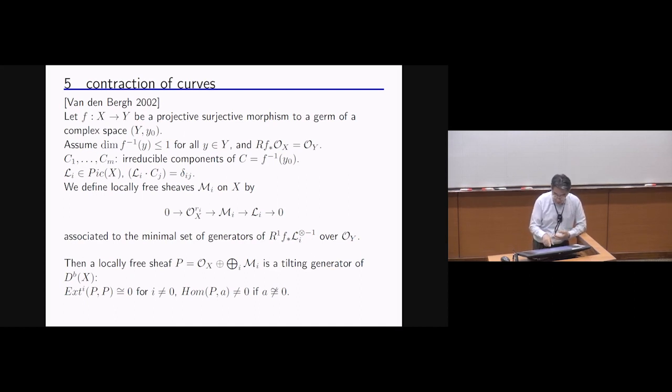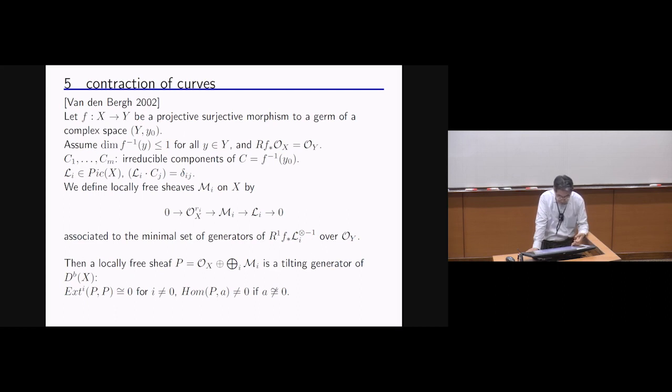So after this extension, R^1 f_* of Mi inverse all vanish. And these Mi are locally free sheaves. Take the sum of the structure sheaf and all these Mi, and call it P. This is a locally free sheaf on X, and this is a tilting generator in the following sense.